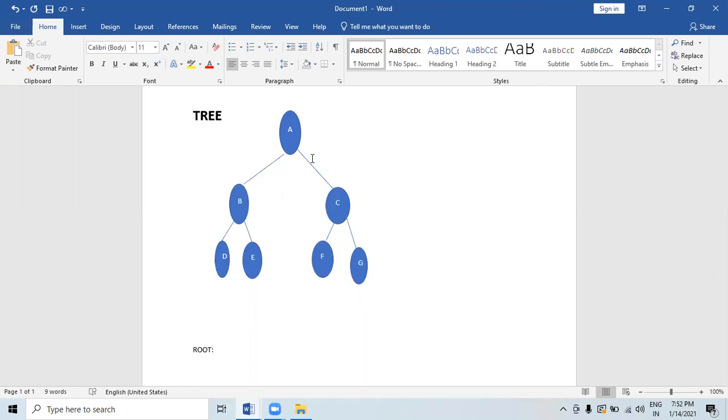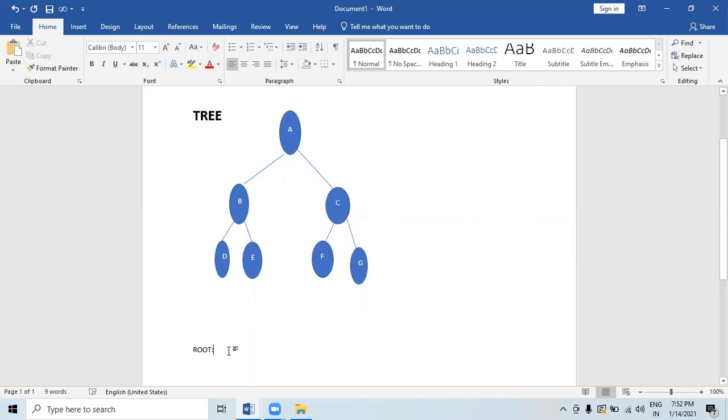In any tree, there must be only one root node. We never have multiple root nodes in a tree. Okay, if suppose there is a combination of two roots, then it's called first tree and second tree, not one tree. In every tree data structure, there must be only one root. Okay, this is about the root: the first node is called the root.